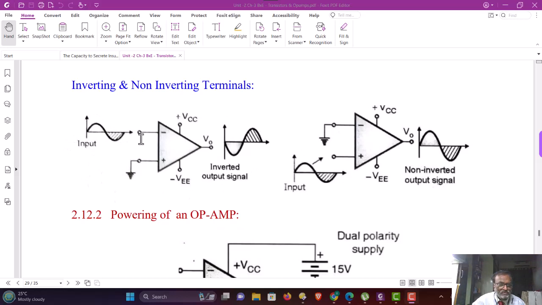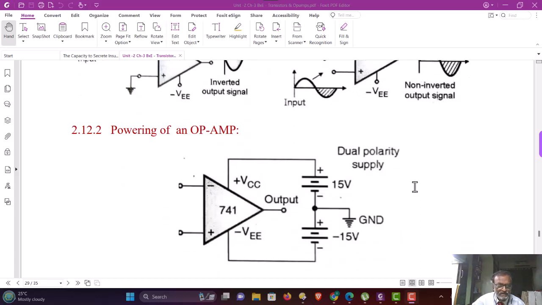See, if the input to the inverting terminal is applied, which is say sinusoidal, then a 180-degree phase shifted signal is available at the output. If the input is applied to the non-inverting terminal with the inverting terminal grounded, the output is in phase. That is the meaning of non-inverting input terminal.